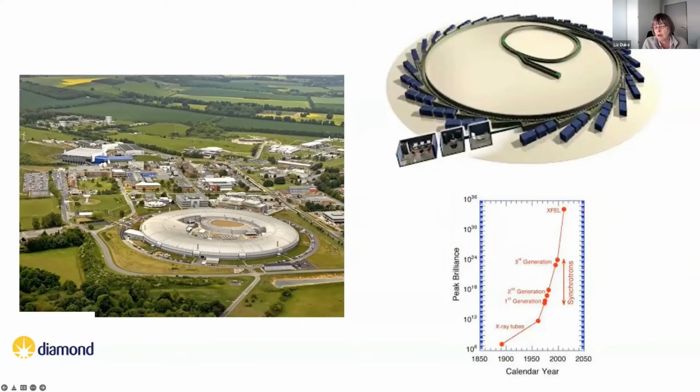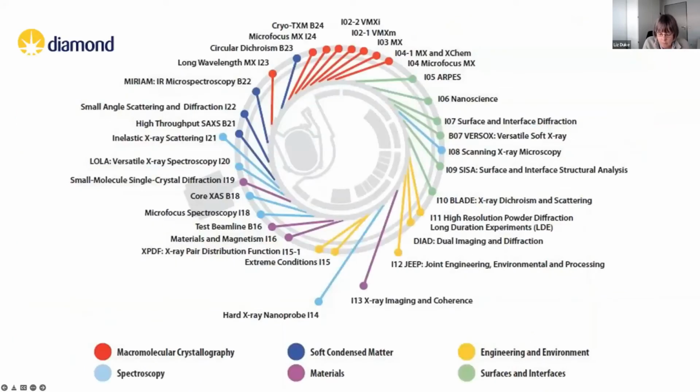And because the electrons are going round and round the synchrotron the whole time, all these beam lines can operate simultaneously. And what you find at synchrotrons is that beam lines are built and operated with one particular technique in mind.